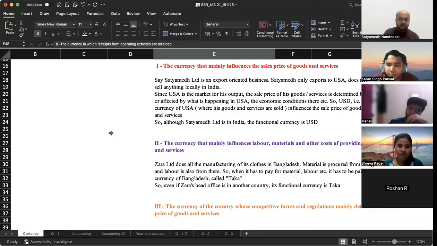Oftentimes, you will get questions in the paper asking you to identify what the functional currency is. Okay, read these three once. These are the primary factors to decide which currency is the functional currency.